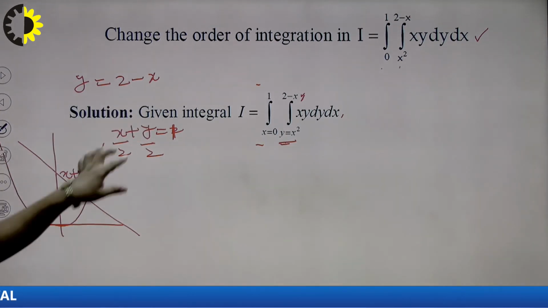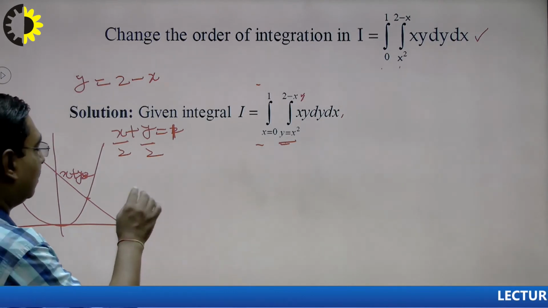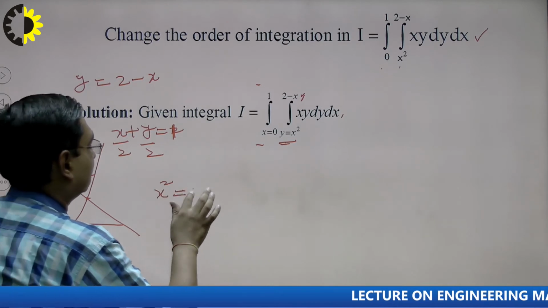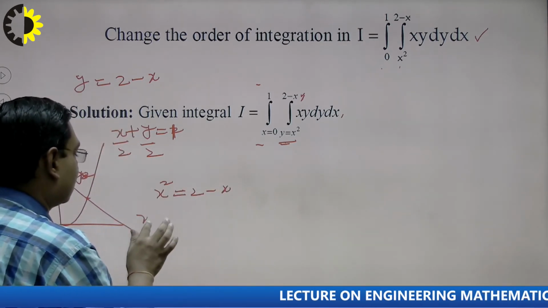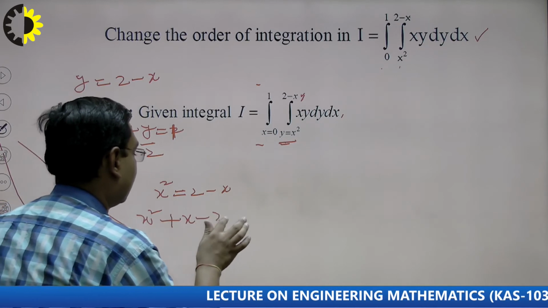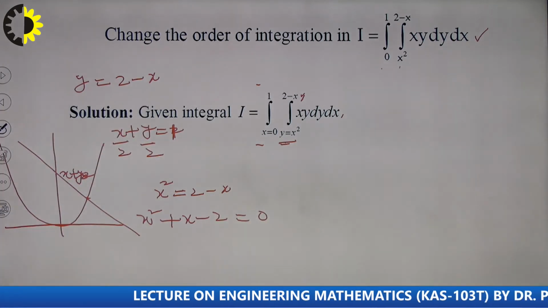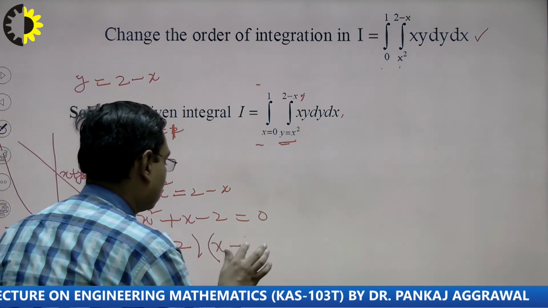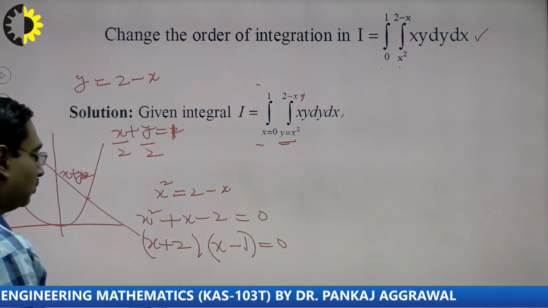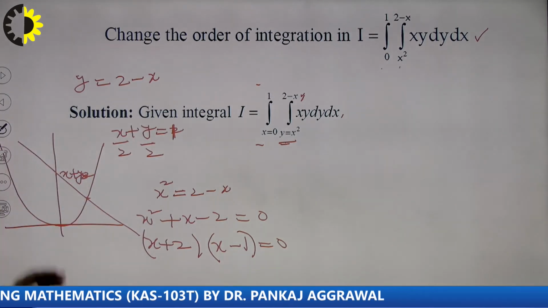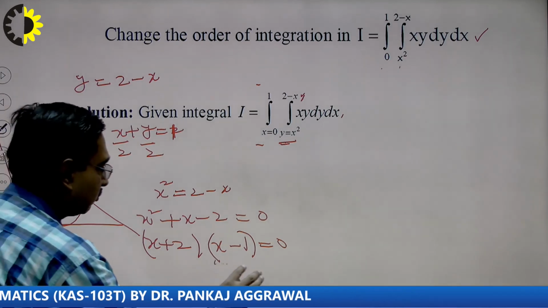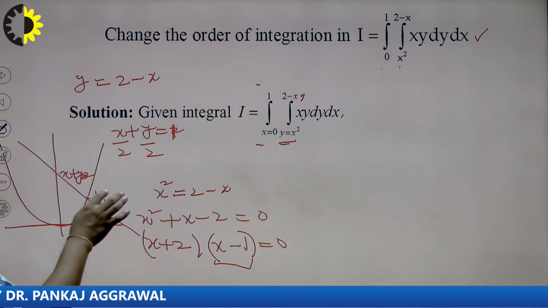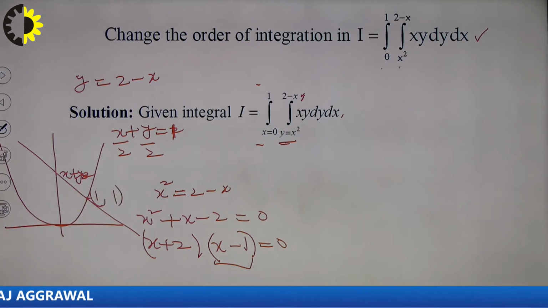When I substitute, I obtain x square equals 2 minus x, x square plus x minus 2 equals 0, and it gives x plus 2, x minus 1 equal to 0. Because this point is lying in the positive quadrant, x will be equal to 1, and for x equal to 1 the value of y will also be 1.